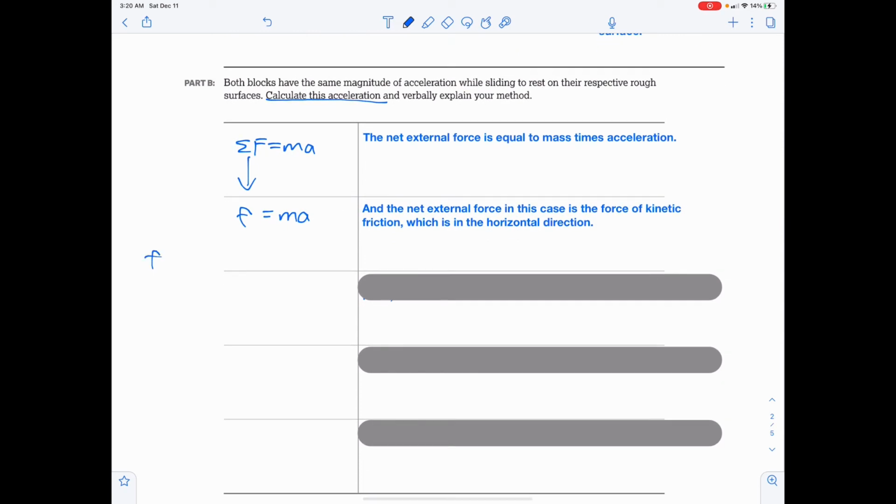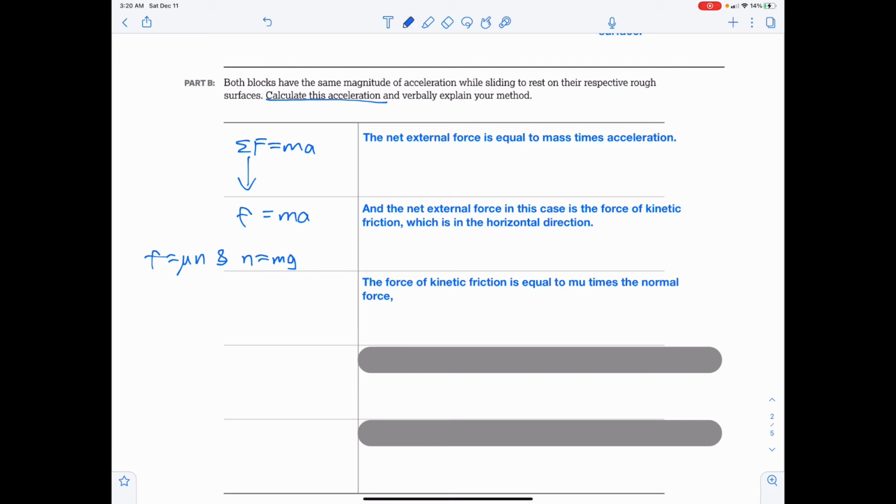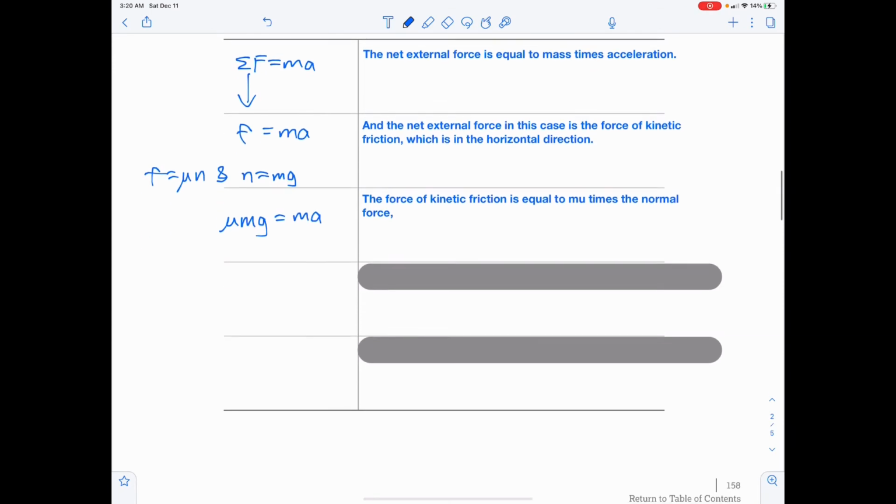Well, recall that friction is equal to mu times normal force, and that normal force is equal to mg. Therefore, we can substitute mu mg for friction, and that's equal to ma.